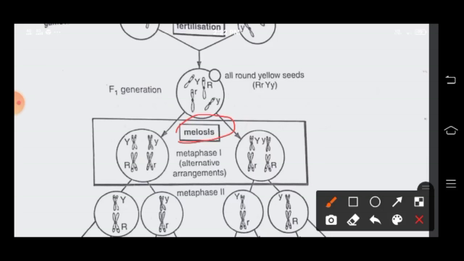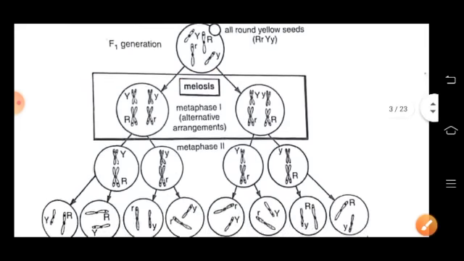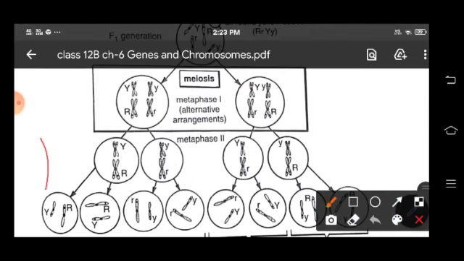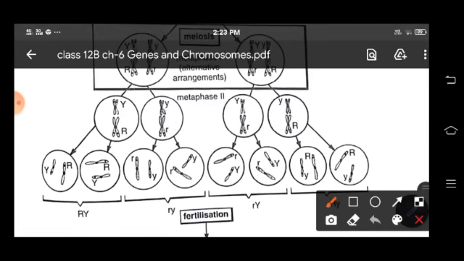The two parental types and the two new recombinant types are formed in equal ratios. The F2 progeny exhibit a phenotypic ratio of 9:3:3:1.